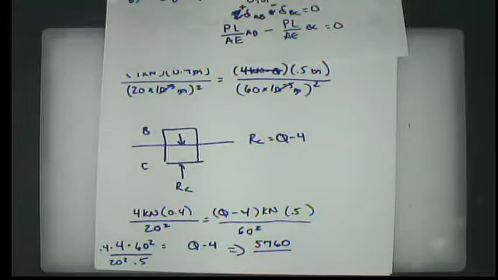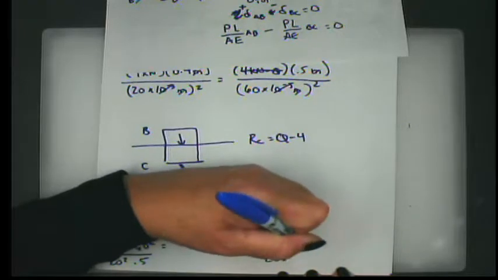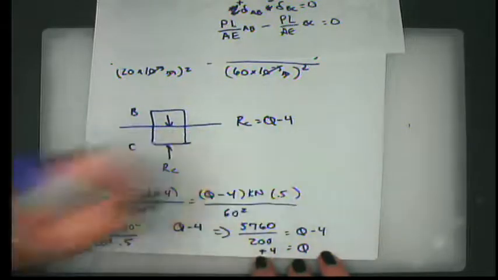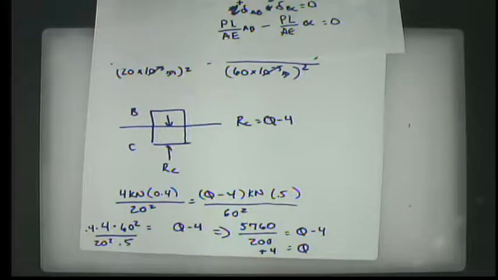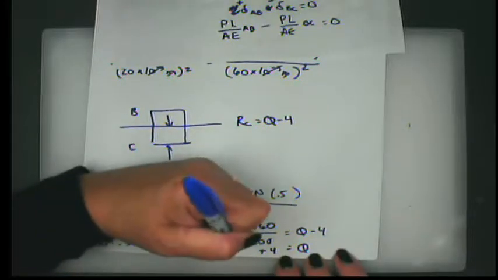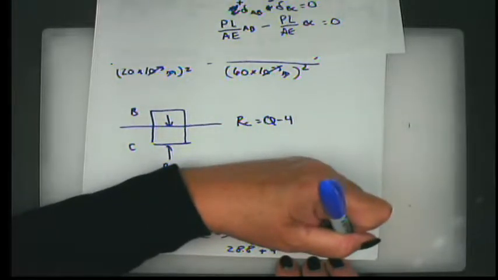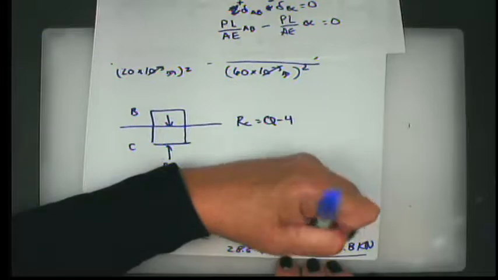And then on the bottom, I have 20 squared times 0.5, which is 200, equals Q minus 4. Q then is equal to 4 plus 5760 divided by 200. That's 28.8 plus 4 is 32.8. So Q is equal to 32.8 in units of kilonewtons.